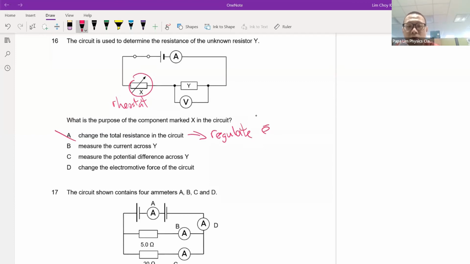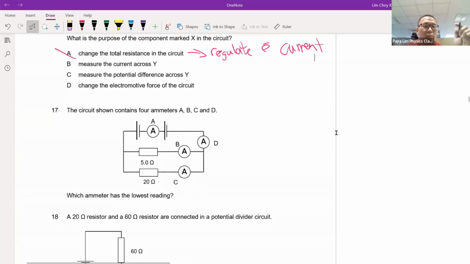I want to control the current flowing in the circuit. I don't want the current to be too big, or maybe I want the current to be a little higher. So what I do is change the rheostat value to regulate the current in the circuit. So that's why I will know straight away to choose option A. Change the resistance, and indirectly, after that I will change the current in the circuit.